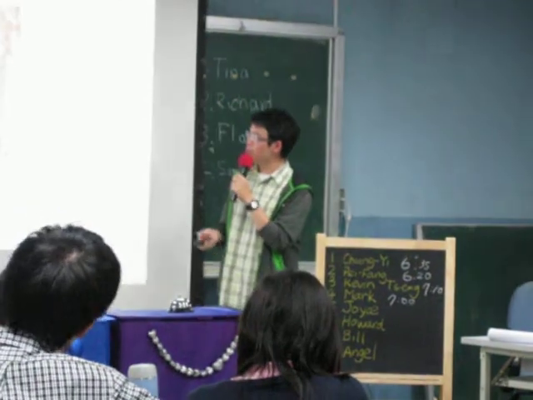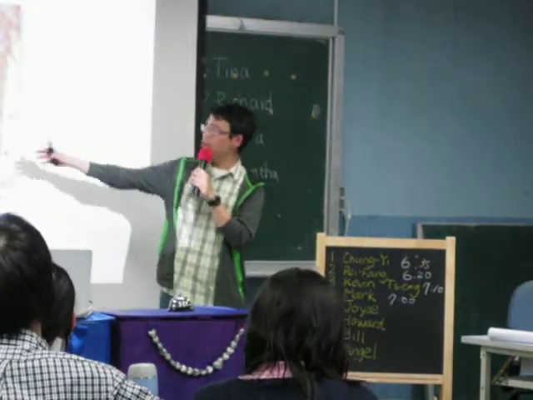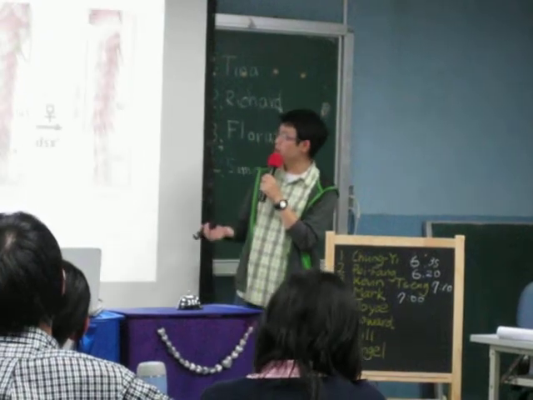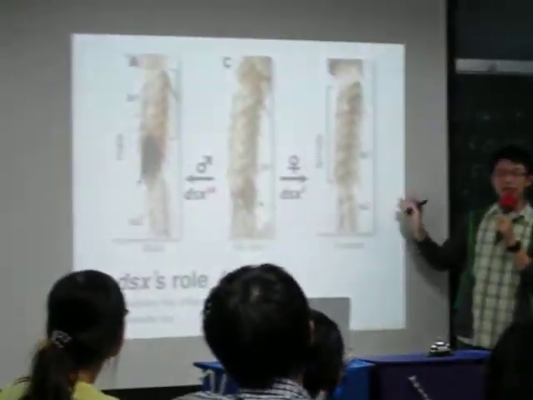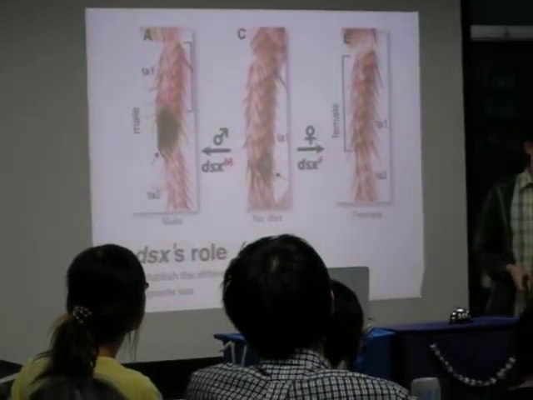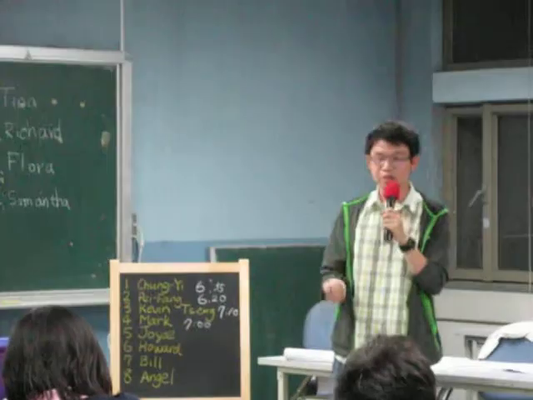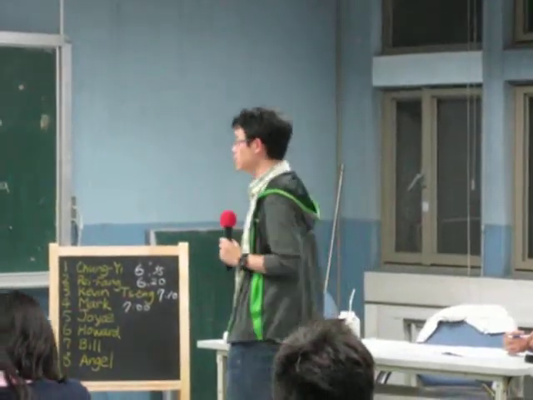But when the doublesex male form comes along, the sex comb appears. And when the doublesex female form comes along, the sex comb will totally disappear. So we believe that this process defines the different appearance of different sexes.